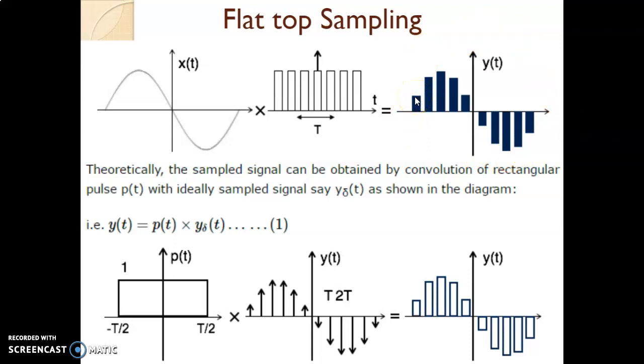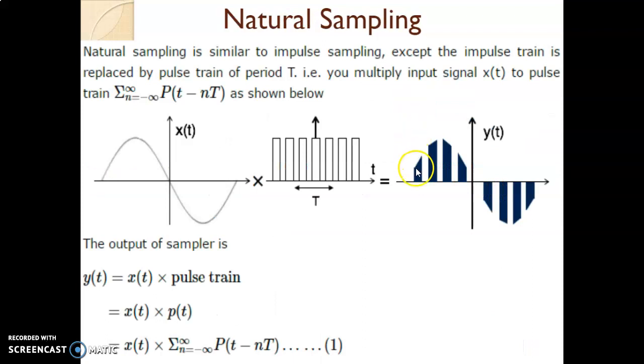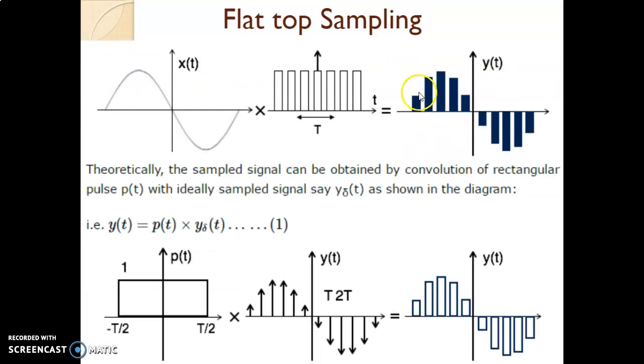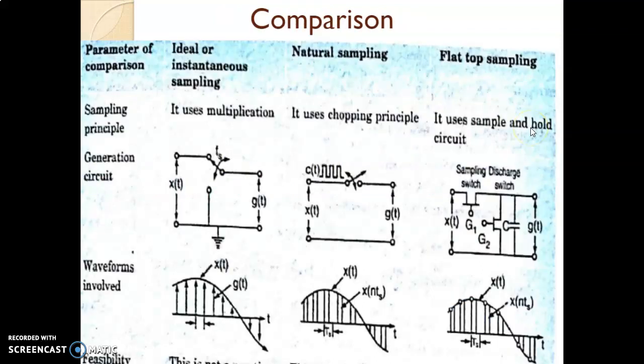You can compare flat top sampling and natural sampling. Natural sampling has the same shape as the sine wave, but flat top sampling has flat tops, and this is happening because of the holding device working in the circuitry. So this type of sampling is called flat top sampling, where the tops of the signal are flat.